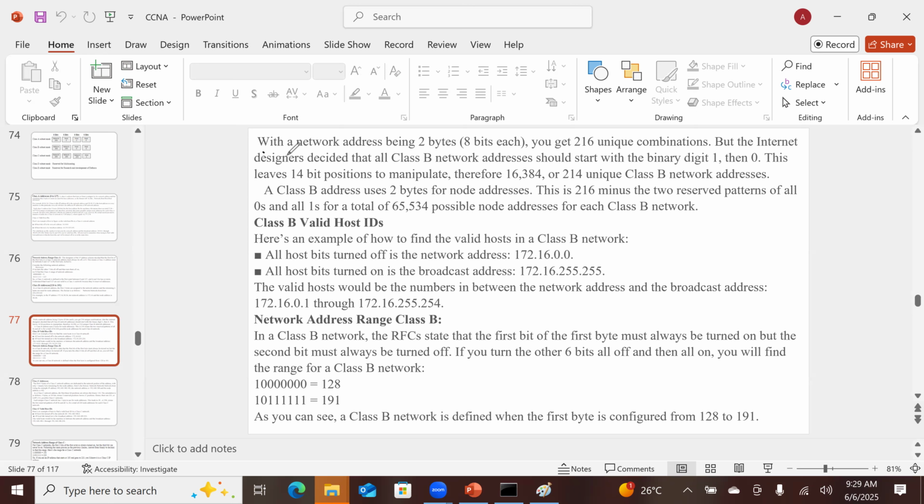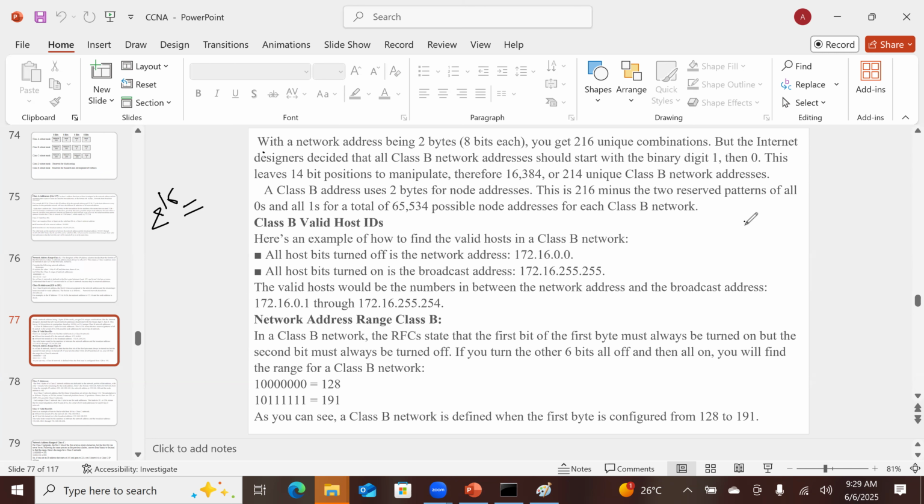So how many host bits do we have here? 16 bits. So 2 raised to 16 gives you 65,536 IP addresses in a single network. What is the range of this class B? 128 to 191.